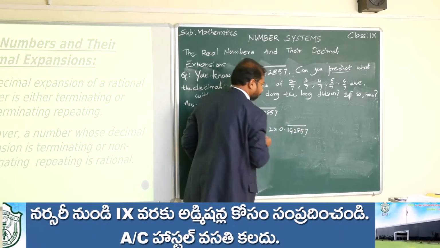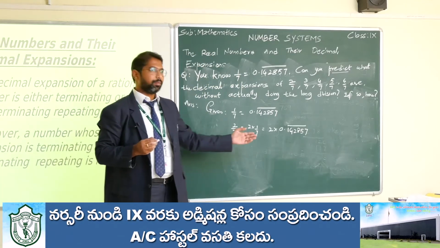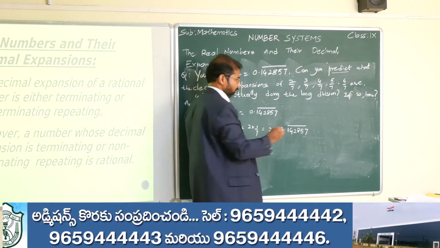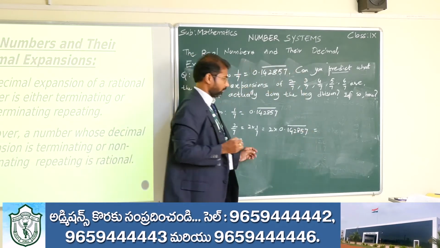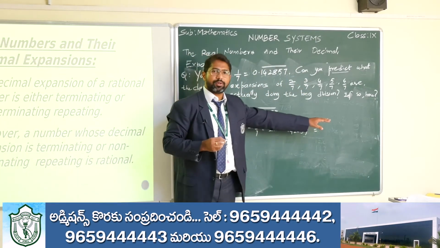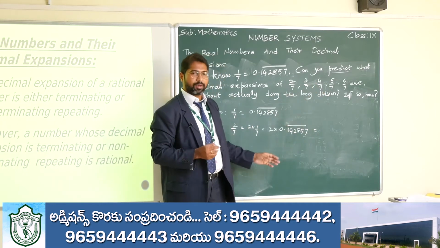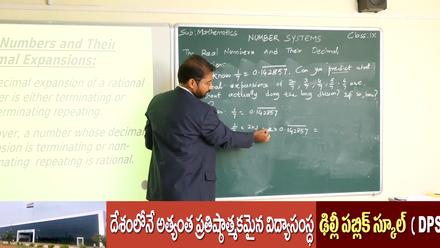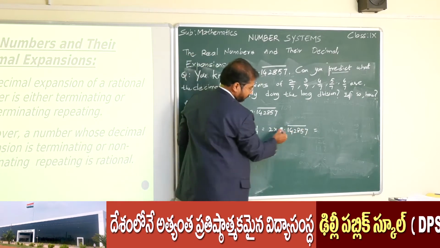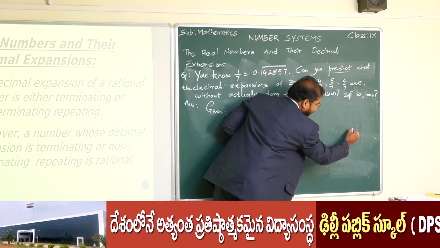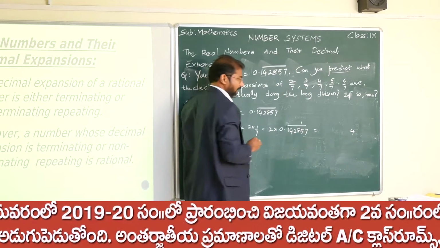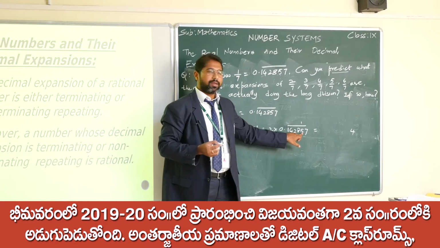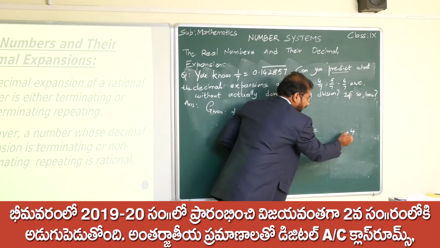0.142857 bar. Now, let us multiply this decimal with 2. Let us start. I will do it horizontally only. You can do it vertically as a rough calculation. It's not that tough. 2 multiplied with 7. 2 7s are 14. So 1 carry forward. 2 5s are 10. 10 plus 1 is 11.